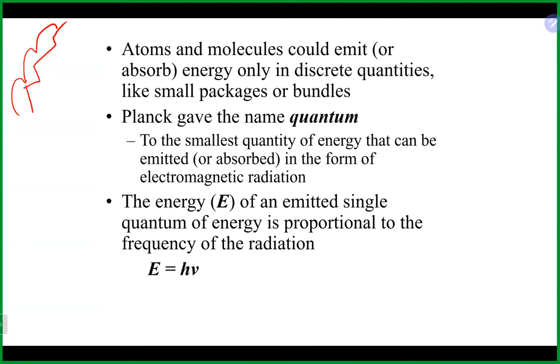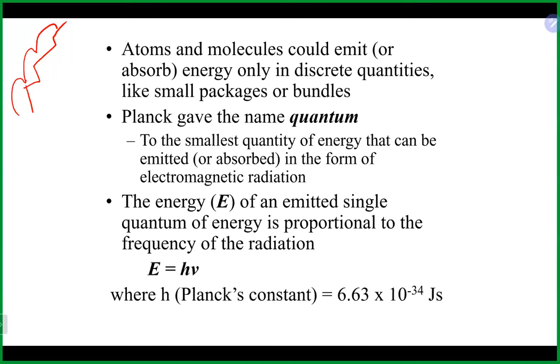Planck gave this a name, a quantum of energy, which is the smallest amount of energy that's either emitted or absorbed in terms of electromagnetic radiation as these electrons are moving. You can calculate this by taking the energy, which is equal to h times the frequency. H is what is known as Planck's constant, and it's 6.63 times 10 to the minus 34, with units of joules times seconds.